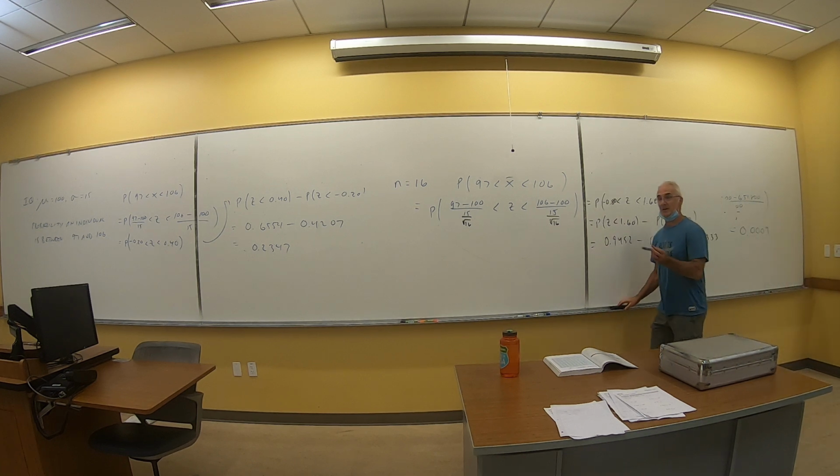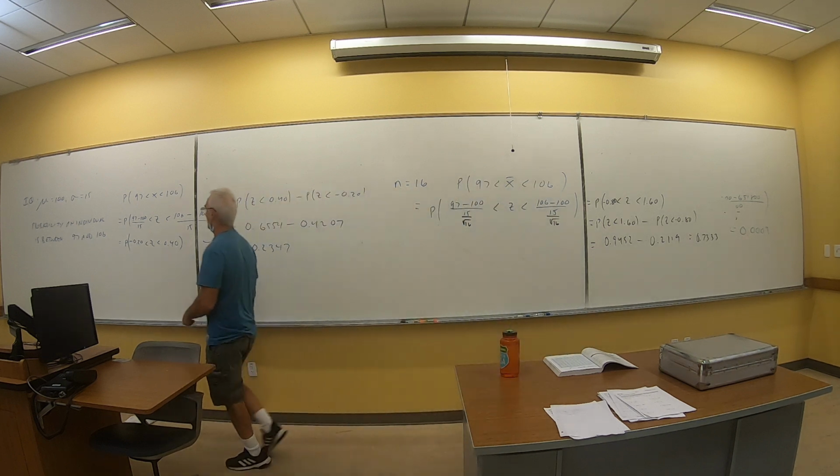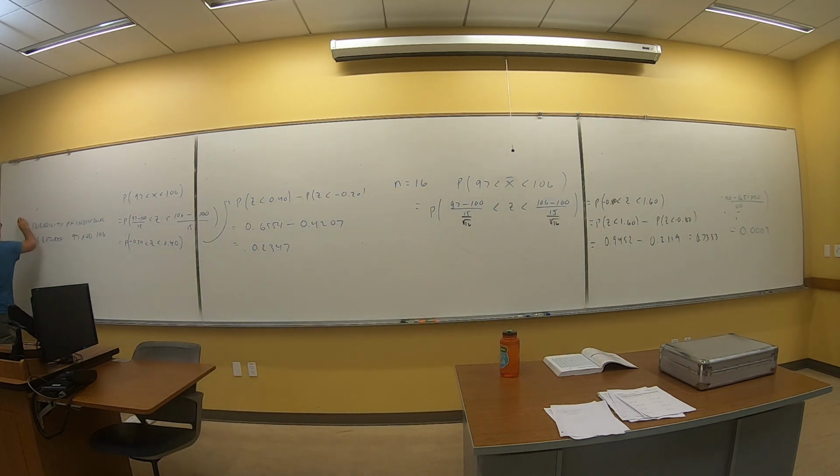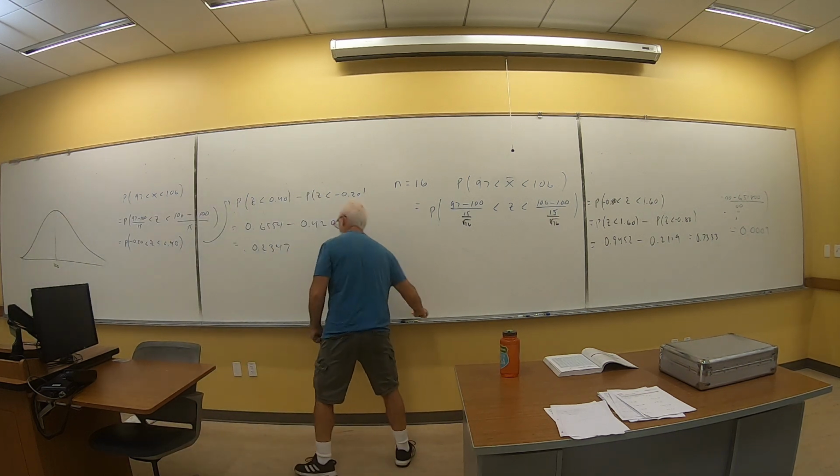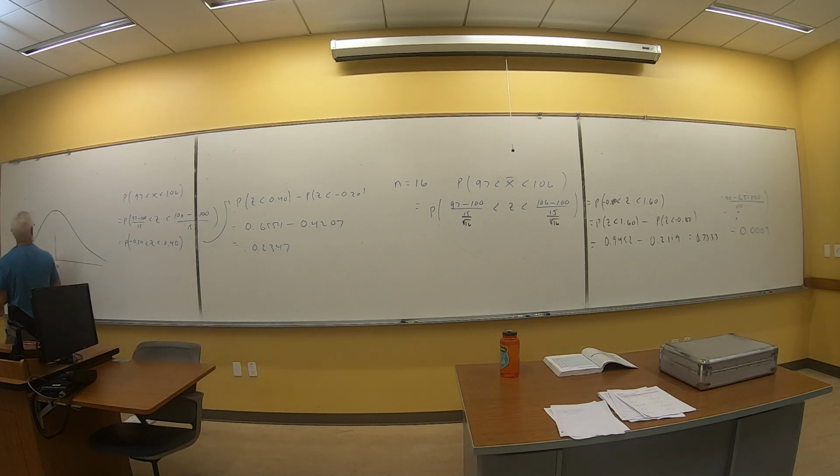I'm going to give you a picture that will help you make sense of what we just did. Here's IQ. And I asked you between 97 and 106. Okay, that's what we just did.